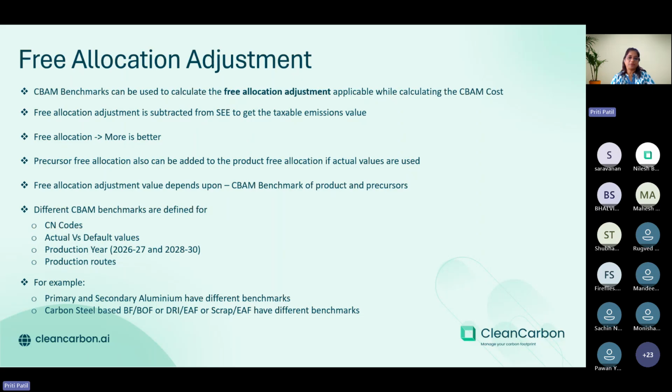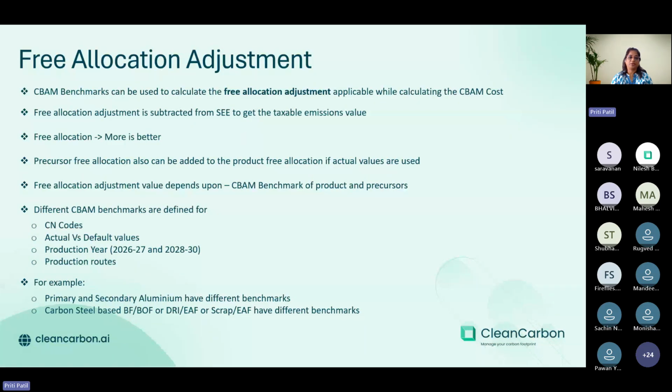The free allocation adjustment value depends upon the CBAM benchmark of product and precursor. Since we are considering both product and precursor benchmarks, the free allocation adjustment will vary based upon those benchmarks.